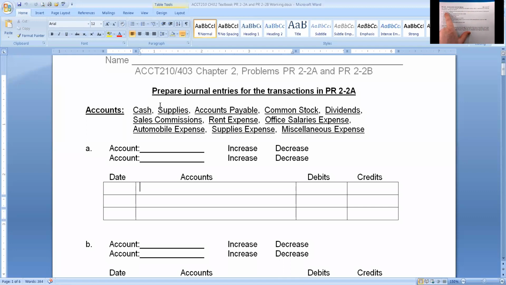So the business got $40,000 and they issued the stock to Jay. So opening up a new business. Okay, so what accounts are we going to have? Would it be cash and common stock? Yep.